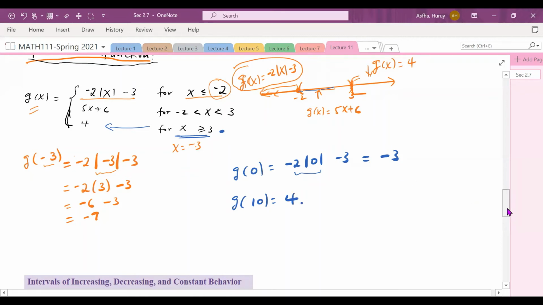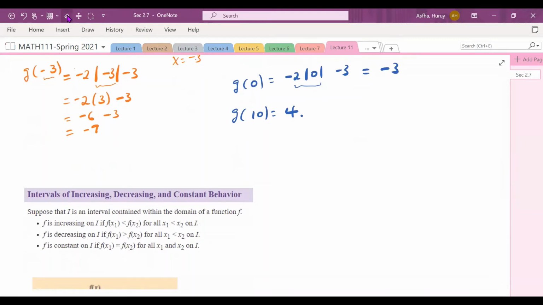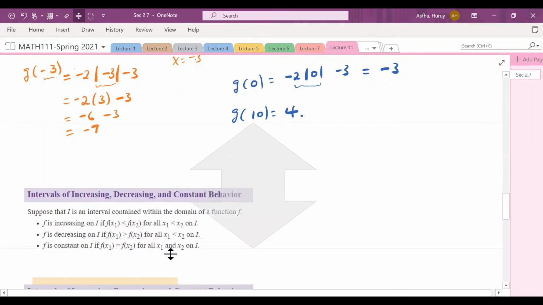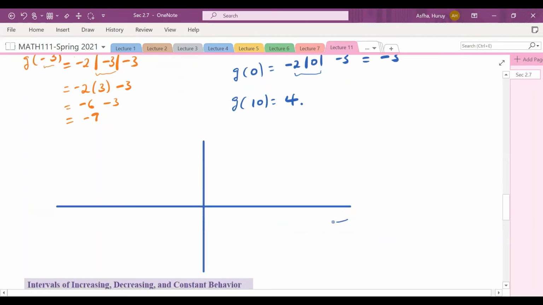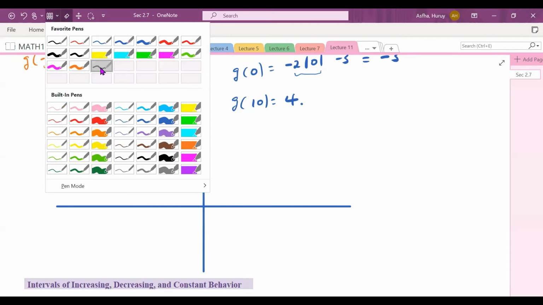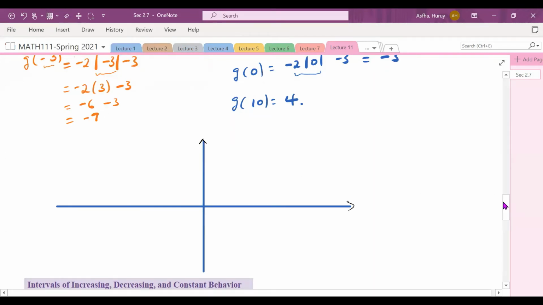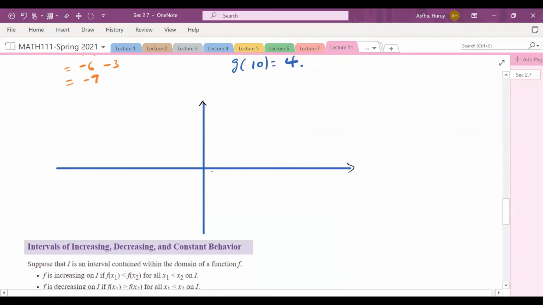Now the question is, how can we plot the graph of the function? Okay, so if we take this, now we have, this is 3, negative, here we have negative 2, because I'm trying to find the borders.